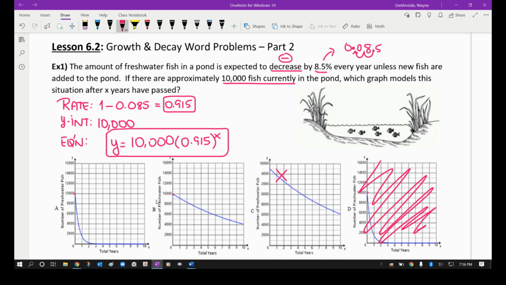So both of them start at 10,000, and we need to decide which one of these is going to be the graph represented by this. So what we're going to do is evaluate this equation for the value 1. So we're going to use a calculator.